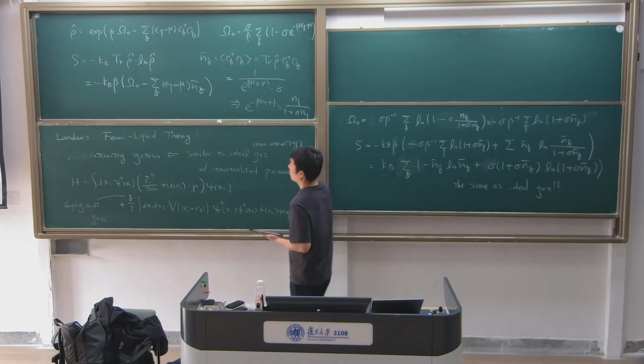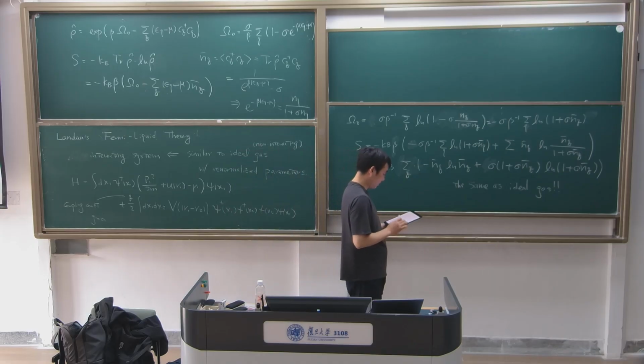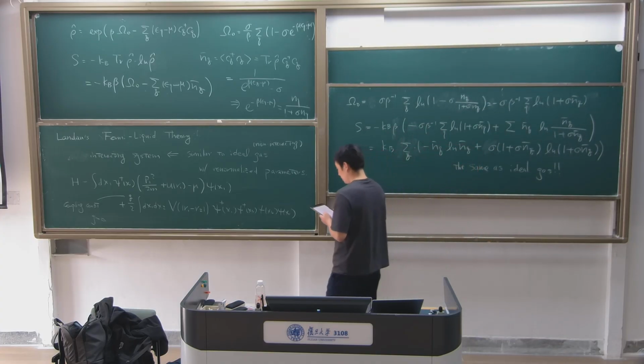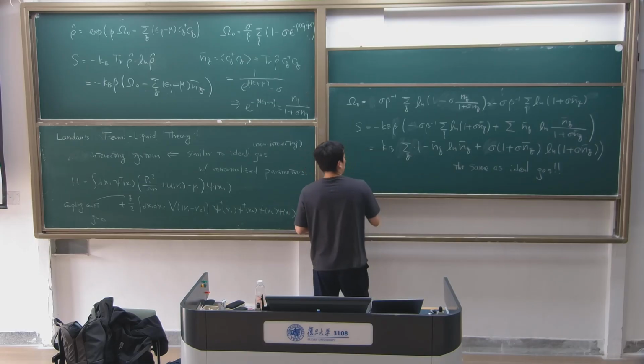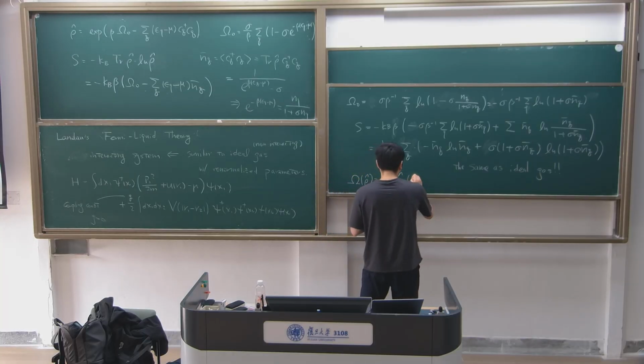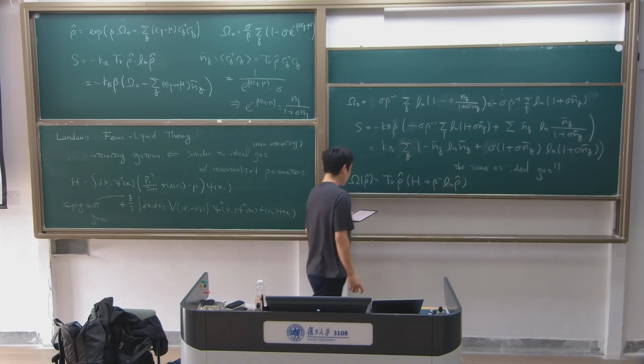So for the interacting system, even though it is interacting, if you use this operator and so on, one can derive it. And the grand potential of rho bar is based on rho bar, H plus beta inverse of rho bar. That's the case.